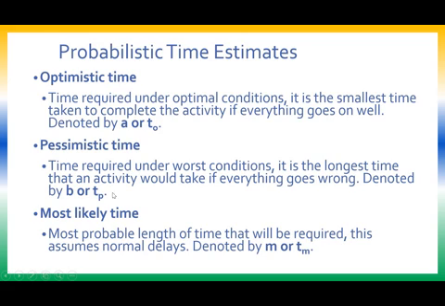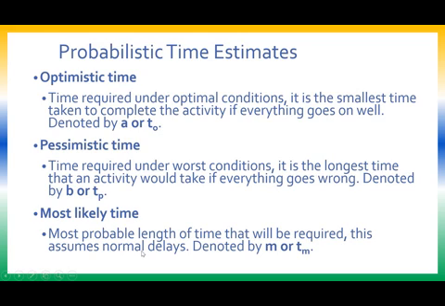The third one being most likely time. So this considers the most probable length of time that will be required for the activity. This assumes normal delays. See, not every time everything goes well, and not every time everything goes wrong. So some normal delays are expected.